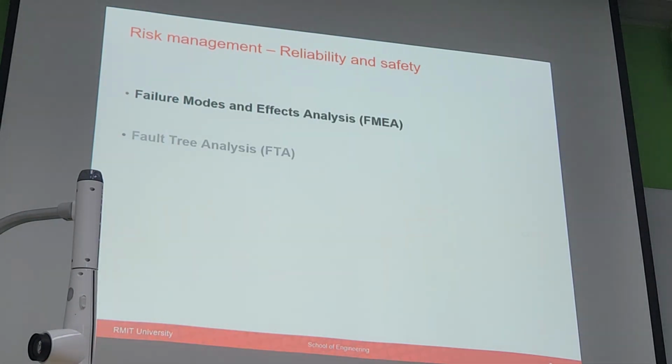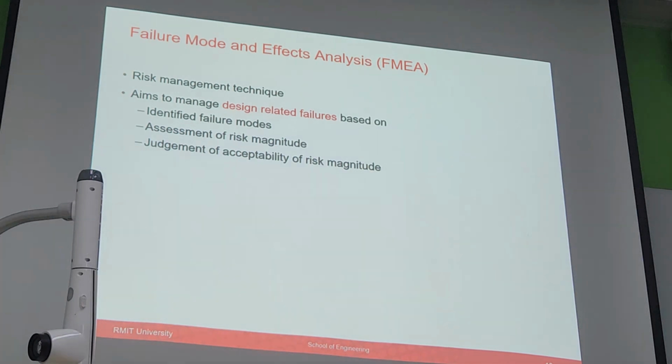So one of the methods is FMEA, failure modes and effects analysis. The aim of it is to manage design-related failure based on identifying the failure modes, assessment of the risk magnitude, and judgment of the acceptability of the risk magnitude.